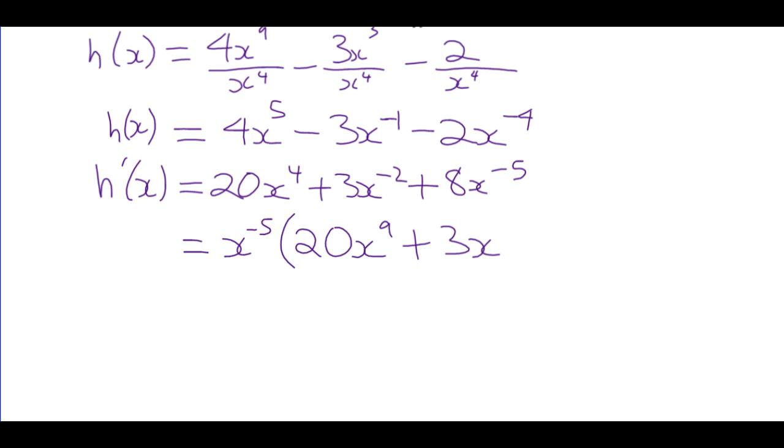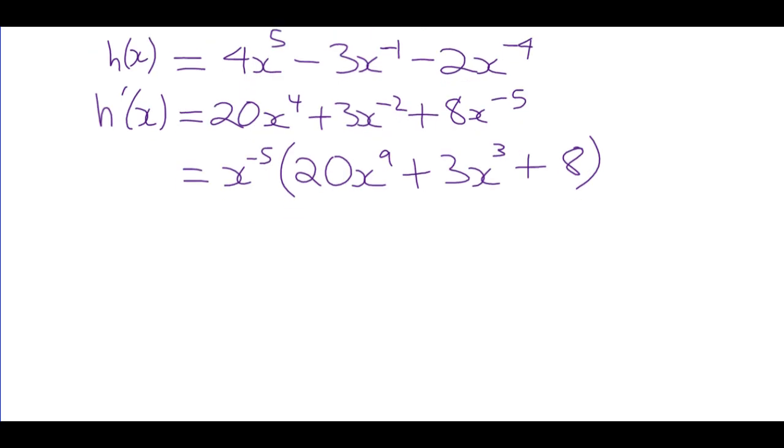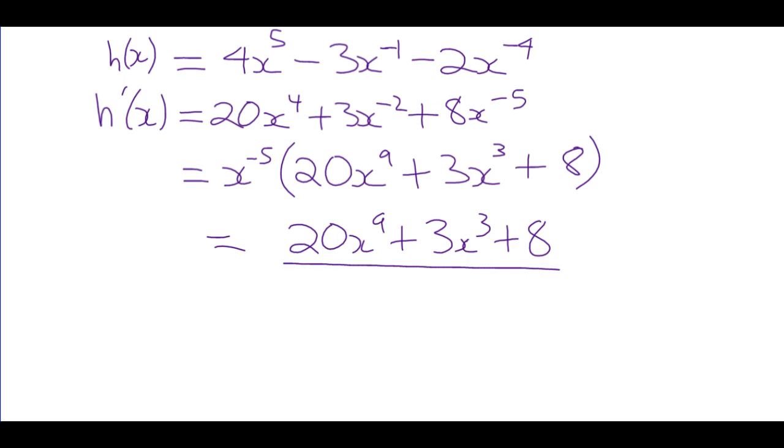Negative 5 plus something gives me negative 2, so 3. And we'll keep the last one simple, so it's just 8. Which is equal to, you can't have negative exponents, so it's 20x to the 9 plus 3x cubed plus 8 over x to the 5th. Right? So you get to do that. Isn't that fun?